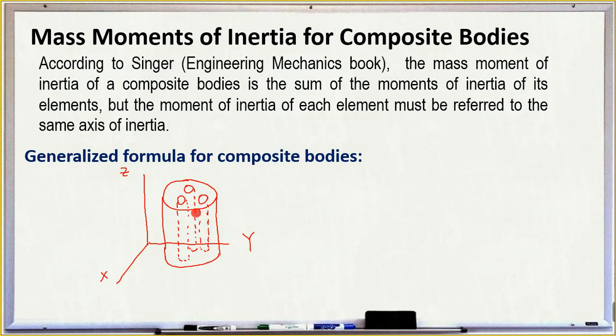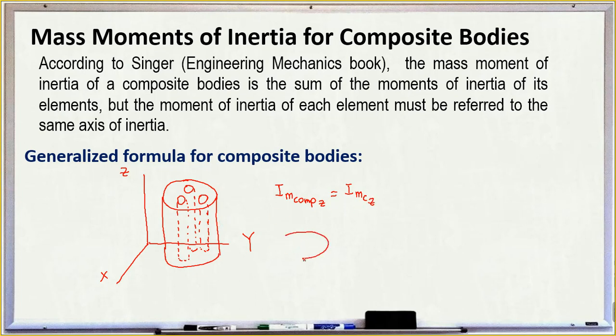To solve this, the mass moment of inertia of the composite body along the z-axis is equal to, first, the mass moment of inertia of the bigger cylinder along the z-axis.